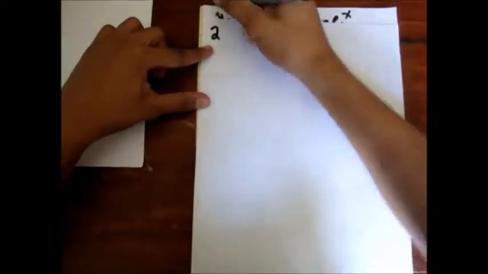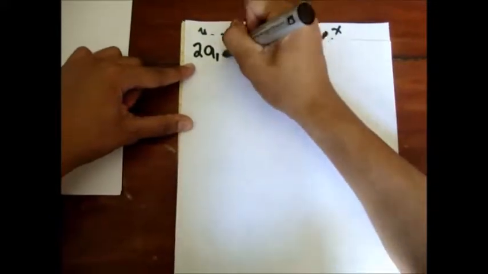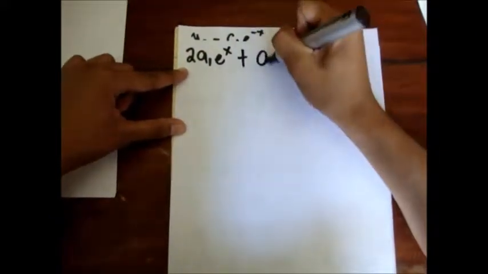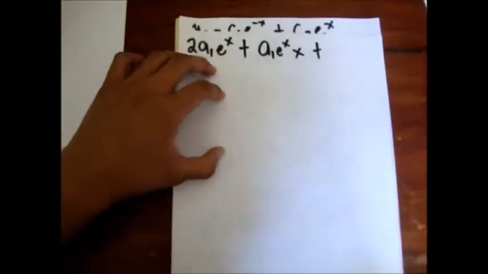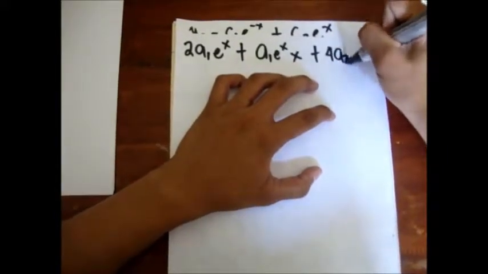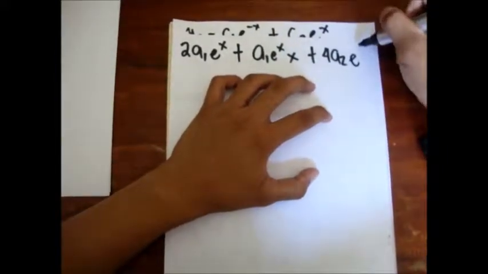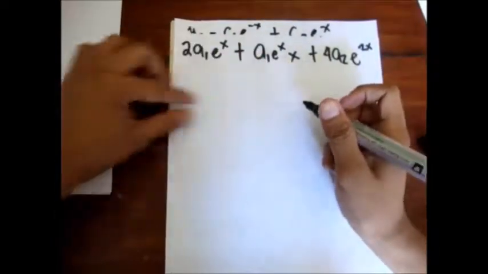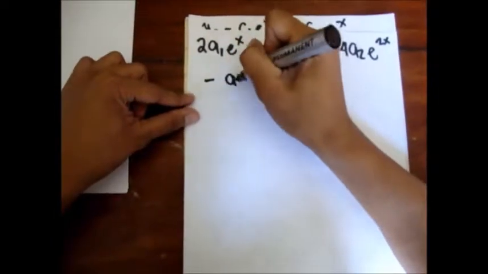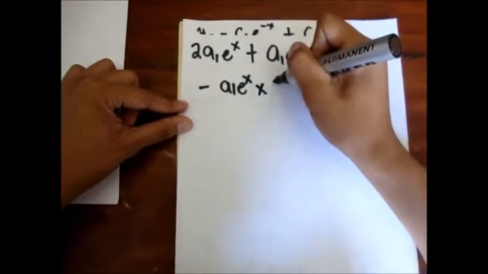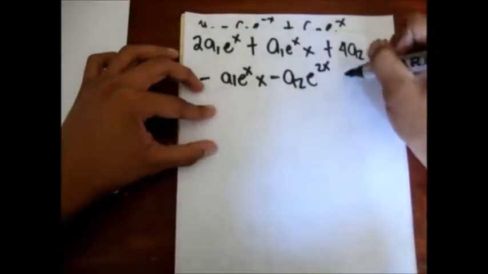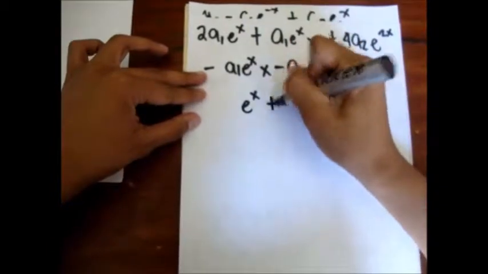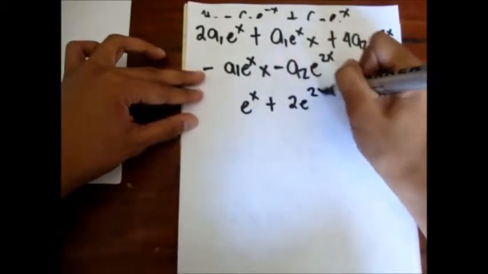So simplifying this further, we get 2a1 e raised to x plus a1 x e raised to x plus 4a2 e raised to 2x minus a1 x e raised to x minus a2 e raised to 2x equals e raised to x plus 2e raised to 2x.